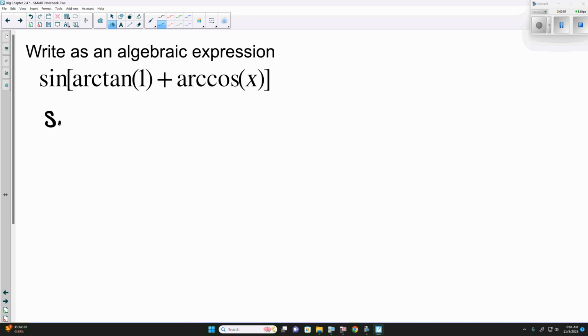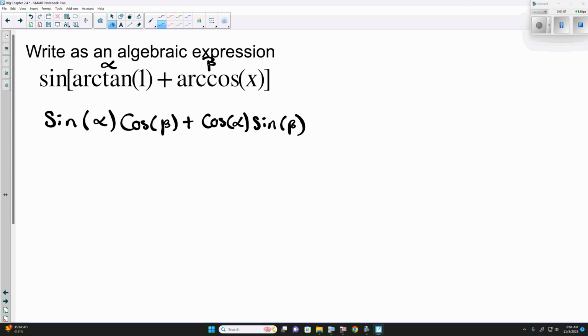So it'd be sine of alpha cosine beta plus cosine alpha sine of beta. And in our case, this is really our alpha, this is our beta, because arctangent would give us an angle, arc cosine would give us an angle.